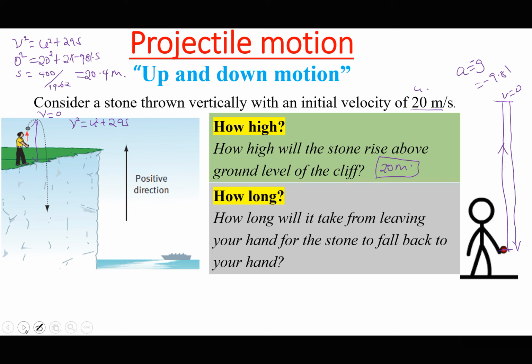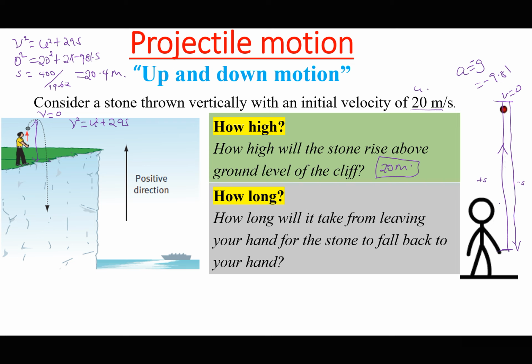So that means the displacement is actually 0, because if it leaves your hand to the highest point and comes back to your hand, maybe displacement upwards is positive s, displacement downwards is negative s if it comes back to the same level. So total displacement is going to be 0.